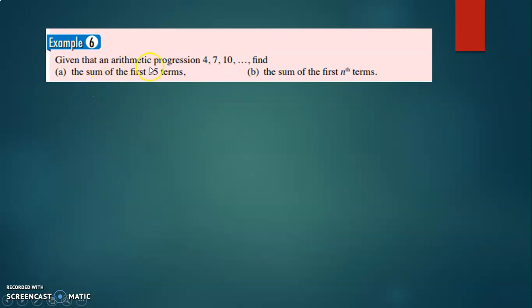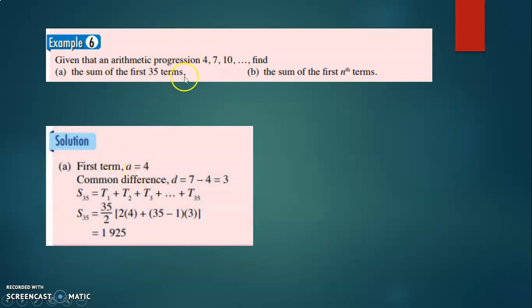Look at this example. Given an arithmetic progression 4, 7, 10. Now find the sum of the first 35 terms. So just substitute into the formula 而已，很简单的。So we know A, we know D, we know S35 means 全部加起来加到 35 terms. So just substitute, that is the sum.